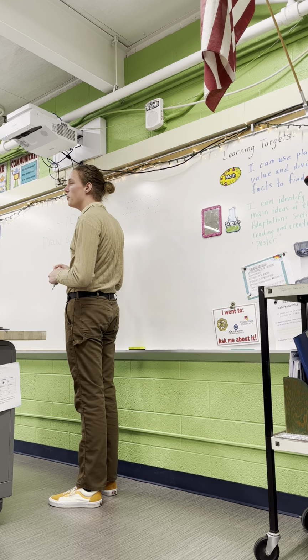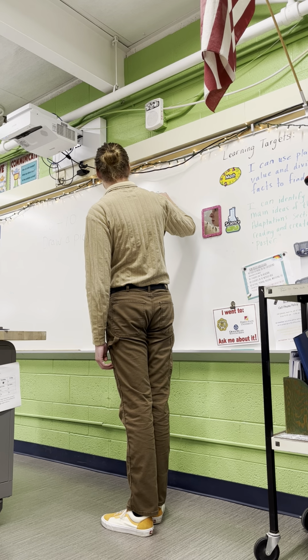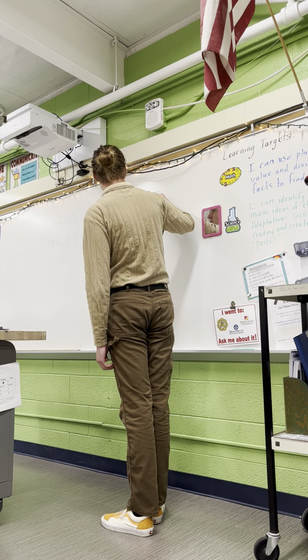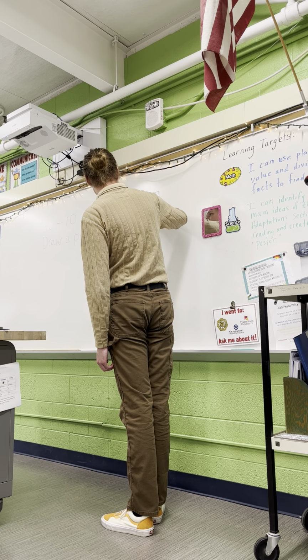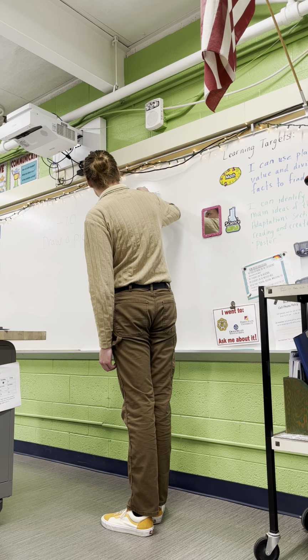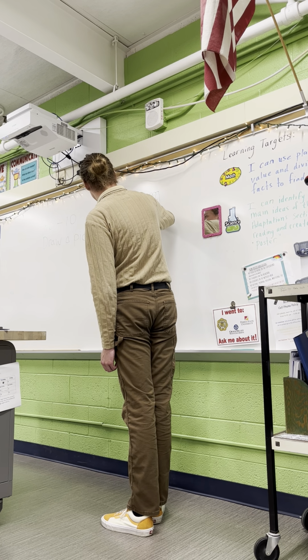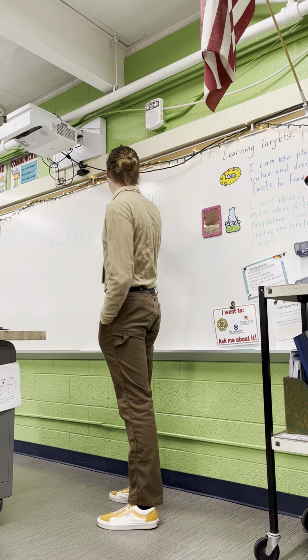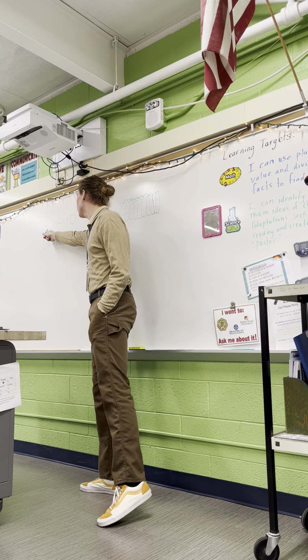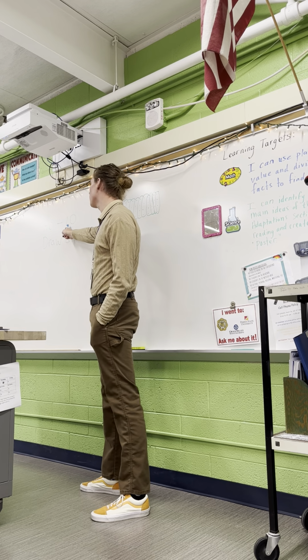So in picture form, we're gonna make 10 groups. 1, 2, 3, 4, 5, 6, 7, 8, 9. Okay, so 10 groups, 40 dots. That's how 40 dots we got from this, 10 groups we got from this.